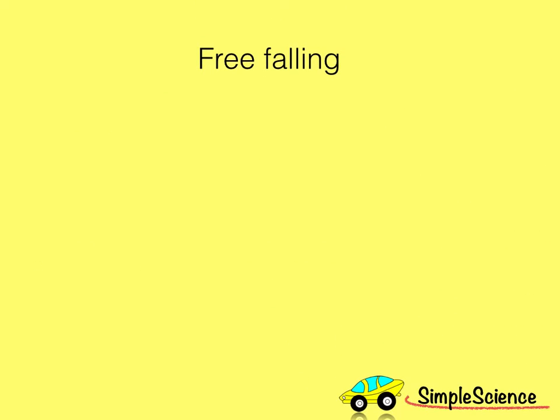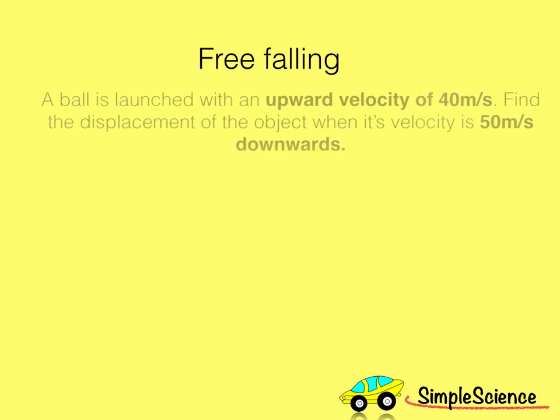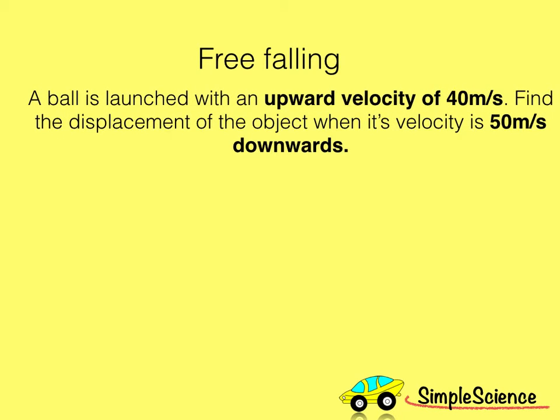Now the last example is when a ball is launched with an upward velocity of 40 meters per second, find the displacement of the object when its velocity is 50 meters per second downwards. So you see here there are two velocities, the initial and the final velocity, and they are in opposite directions. So one must be positive and one must be negative. Upwards, I'm going to say that it's positive.